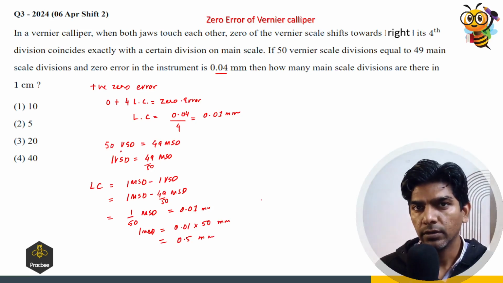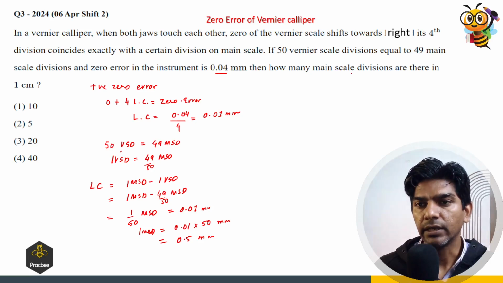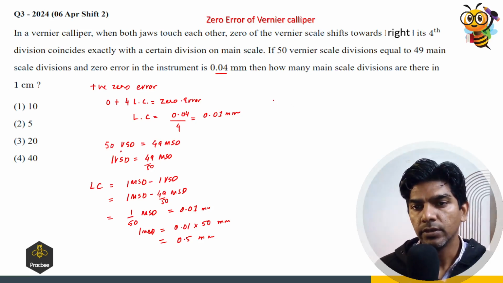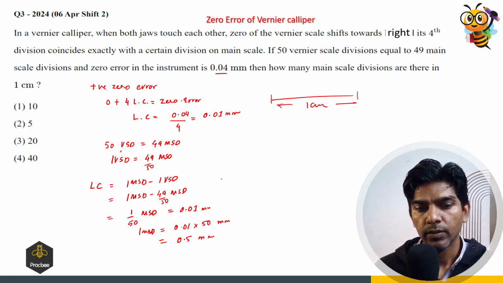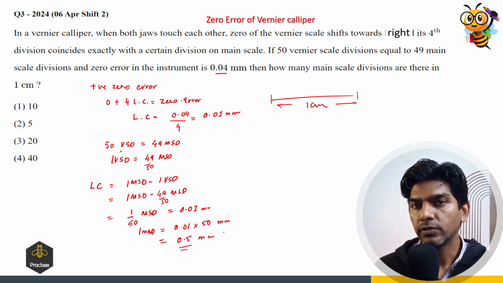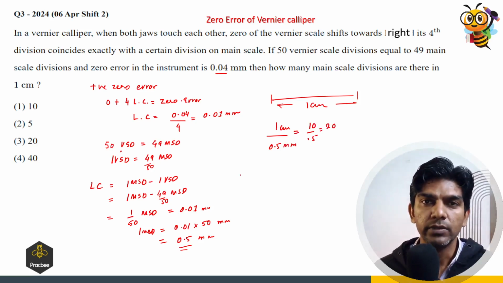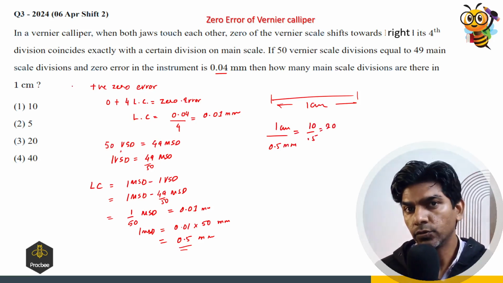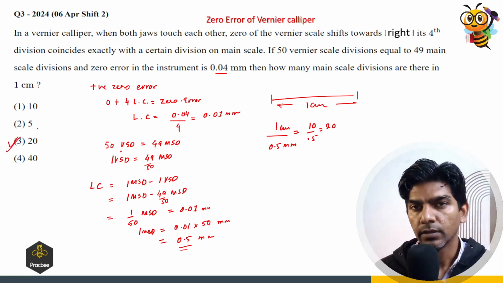Now we got the main scale division, and how many divisions on the main scale correspond to 1 centimeter? So if we divide 1 centimeter, right, and one main scale division is equivalent to 0.5 millimeters, so 1 centimeter divided by 0.5 millimeter, that will be 10 divided by 0.5, which will be 20. So we can divide 1 centimeter into 20 divisions. So option 3 is the right answer.